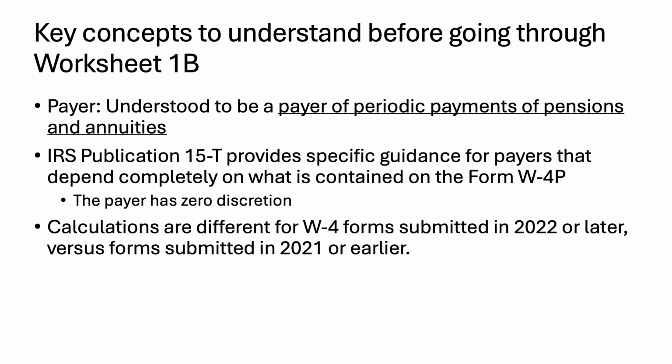As a pro tip, if you have not updated your W-4P with a 2022 version or later, you may find that your withholdings will be slightly different simply by completing the updated W-4. There are a couple of key differences in the new calculations versus the old calculations.